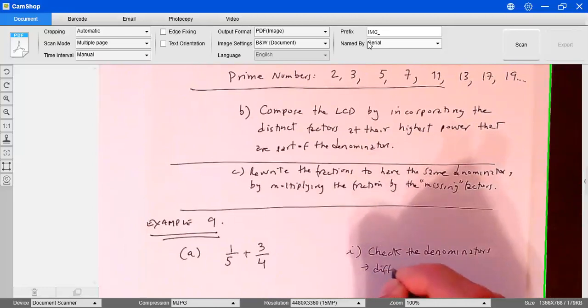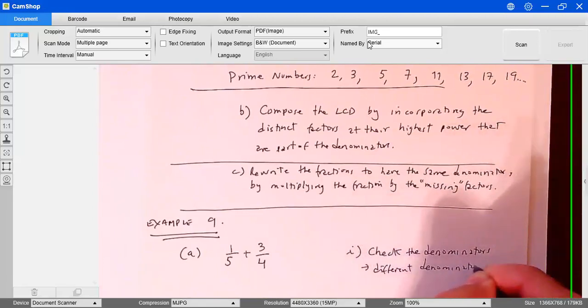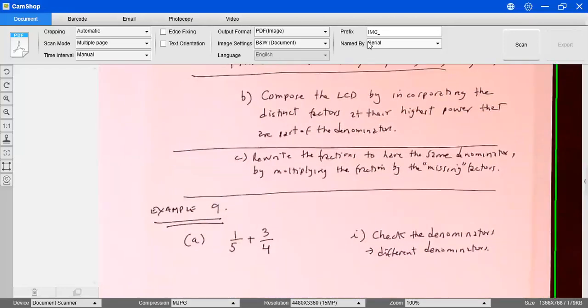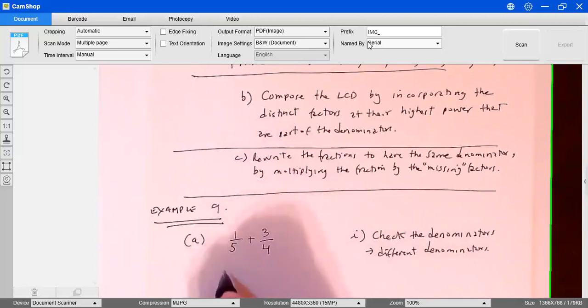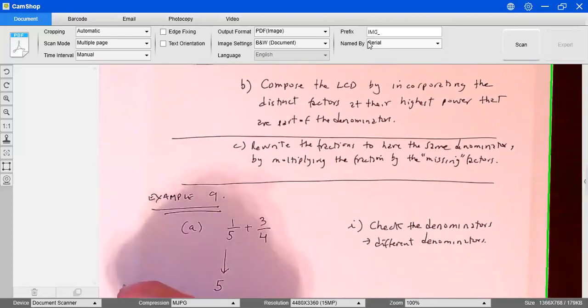So we need to write every denominator by using only prime numbers. So 5 is going to be just 5 because 5 is a prime number. So this is going to be my prime factorization of the denominators.